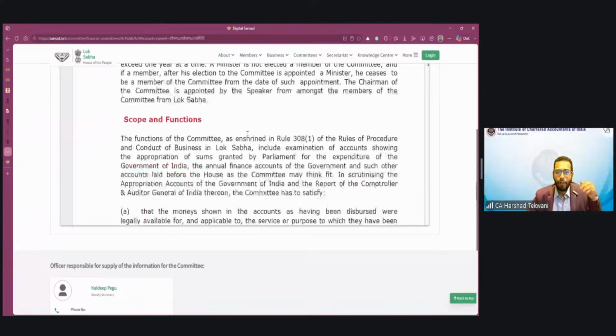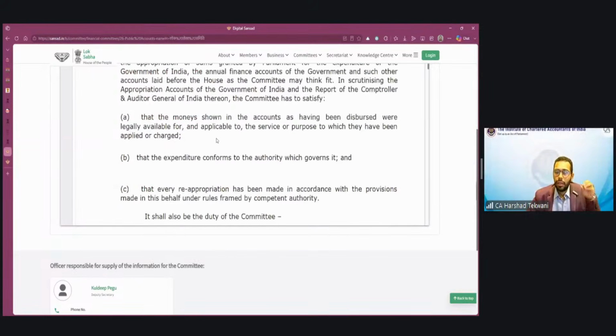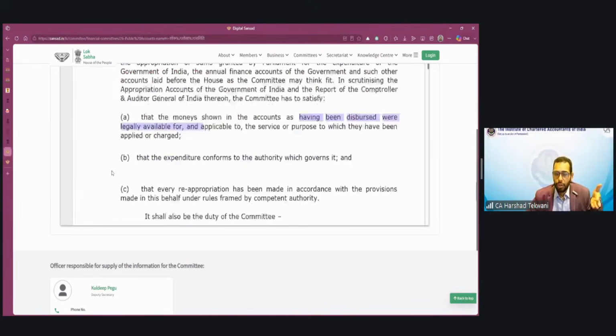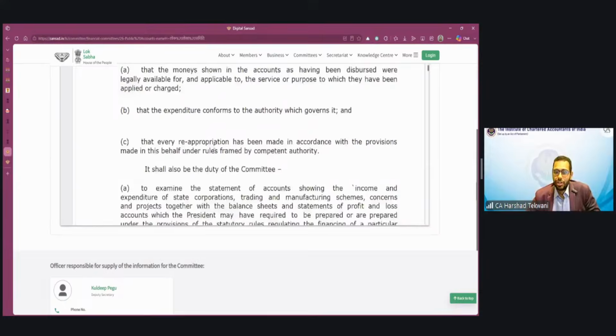Now, if I talk about the functions of this committee, the committee has to satisfy itself that the money shown in the accounts has been disbursed and was legally available for the purpose for which it was shown, and that the expenditure conforms to the authority which governs it. That means they have the authority to incur that expenditure.